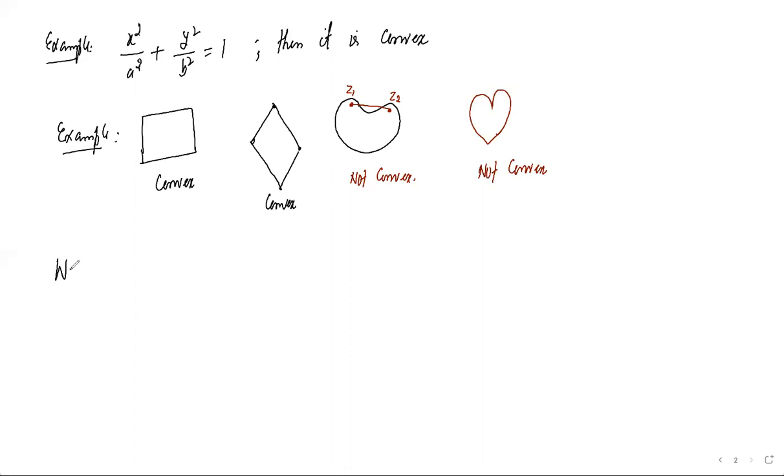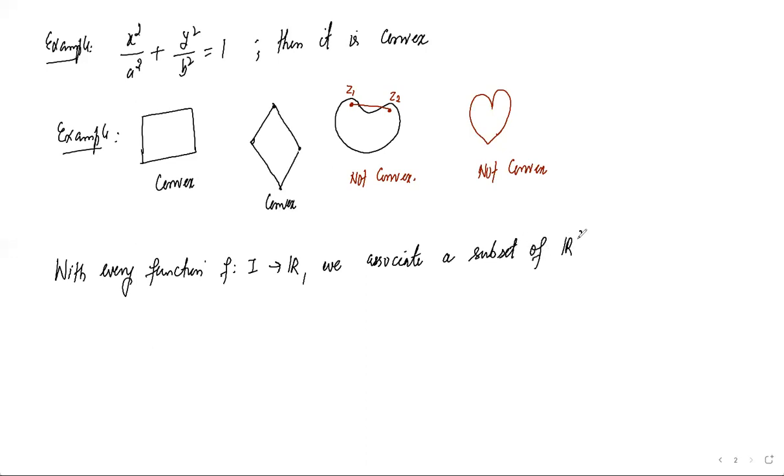Now with every function f from I into R, we associate a subset of R square, defining the subset E of f as the set of points (x, y) belonging to R square such that f of x is less than or equal to y.